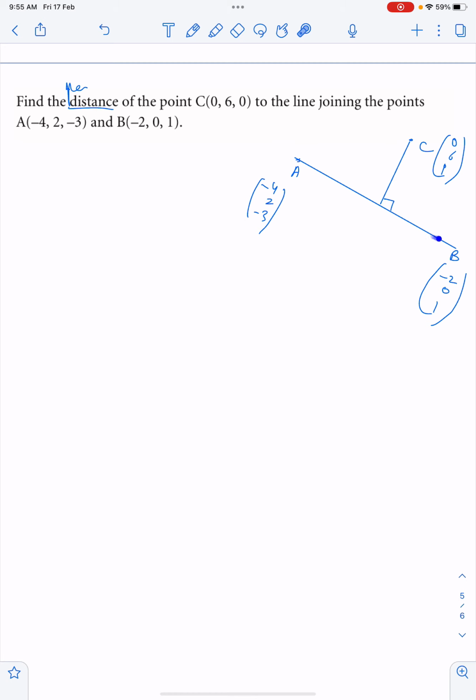Firstly, let's form the vector equation of this line.